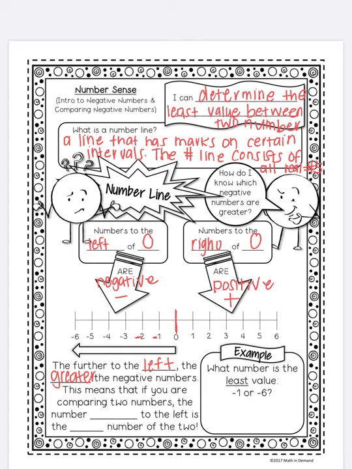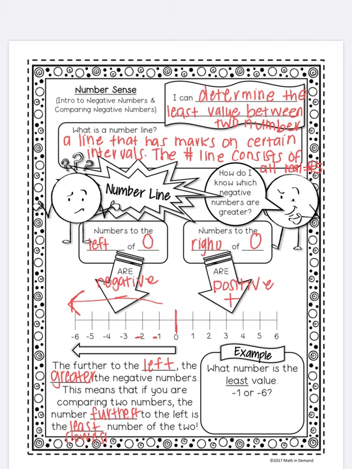This means that if we're comparing two numbers, any number that's furthest to the left is going to be the least number of the two. In other words, the lowest number of the two. So any number farther to the left-hand side of the number line has a lower value, is the least number.